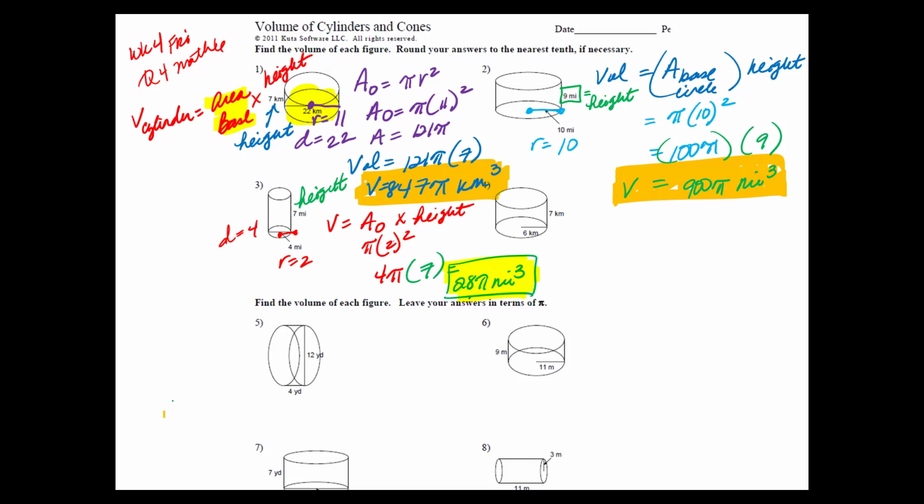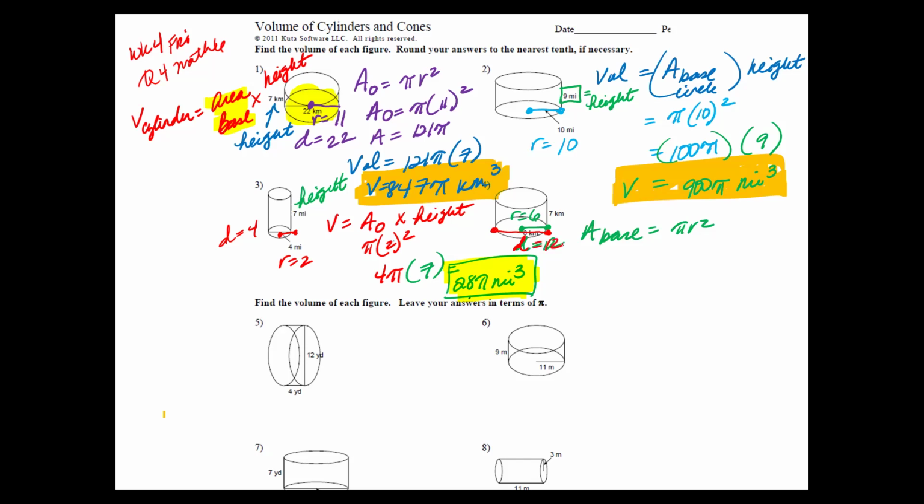All right, next one. So area of the base is pi r squared. What's your radius right here? Good. What's your diameter? No, diameter is twice as long because the diameter is from here to here. Do you see how it's twice as long?